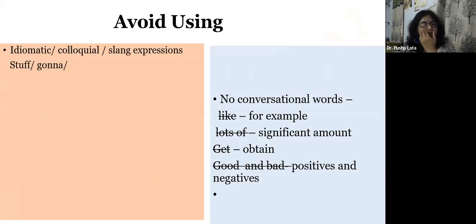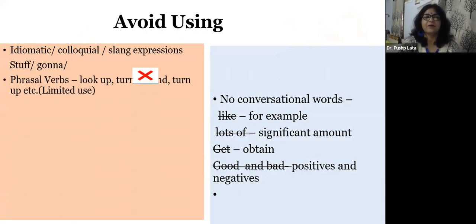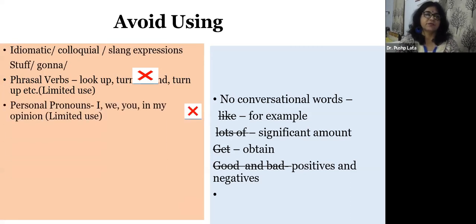Or colloquial or slang expressions like stuff or wanna, please don't use that. Then you should not use phrasal verbs. It's a big no in academic writing. Look up, turn around, or turn up. Please use other words for them, such as investigate, or those kinds of words.